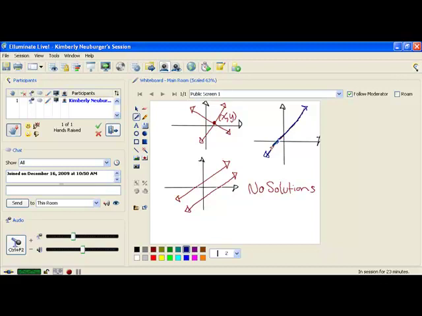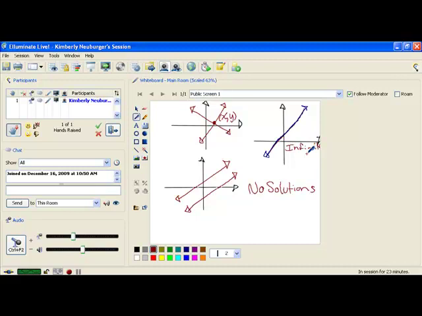When both lines are in the same exact spot, what that means is that the two equations were really the same line. They just may have looked different. Maybe one was in slope-intercept form and one was in standard form. But essentially, they're the same exact line. When that happens, your answer is that there's infinite solutions. And that's because every point that works in one line is going to also work in the other line.